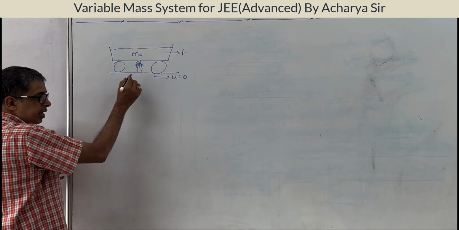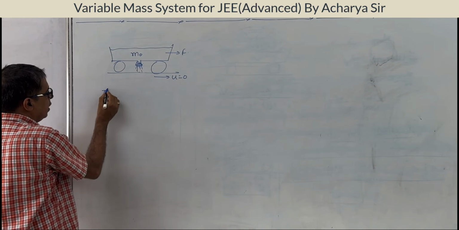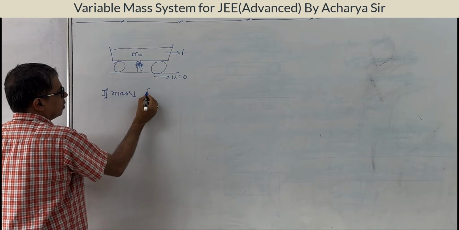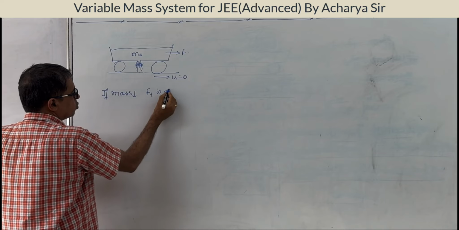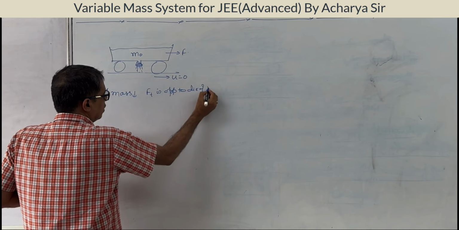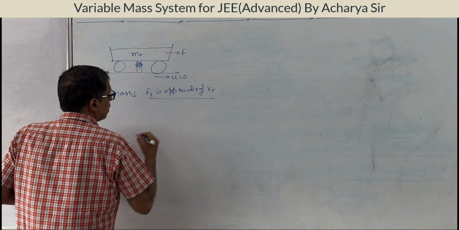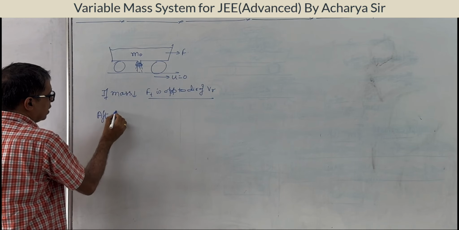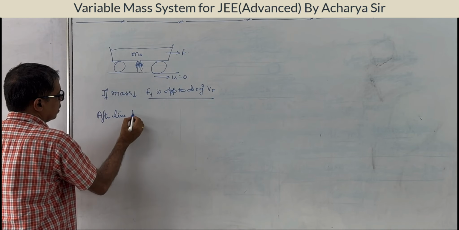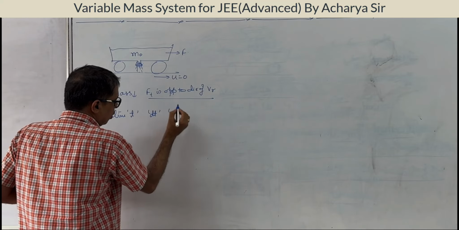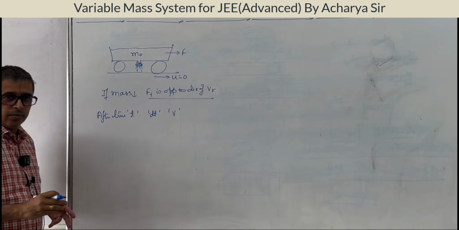The popular mistake committed by the students here is, if mass is decreasing, thrust force is opposite to the direction of relative velocity. So here when you take after time t in a short time interval dt, let the velocity of the cart be v.